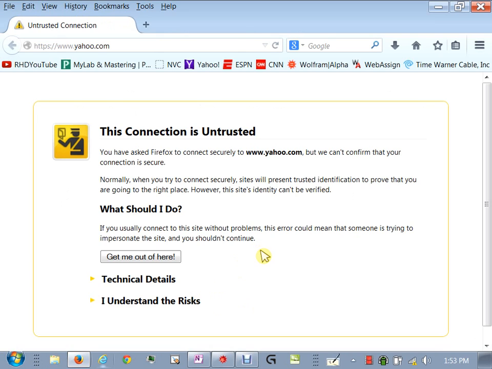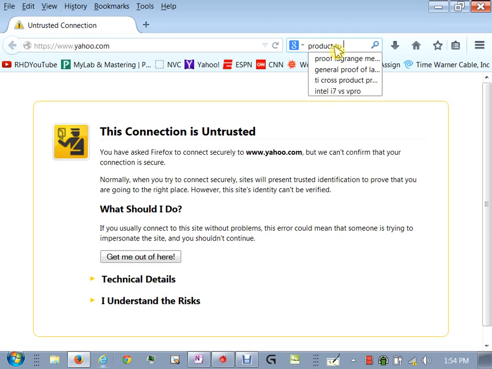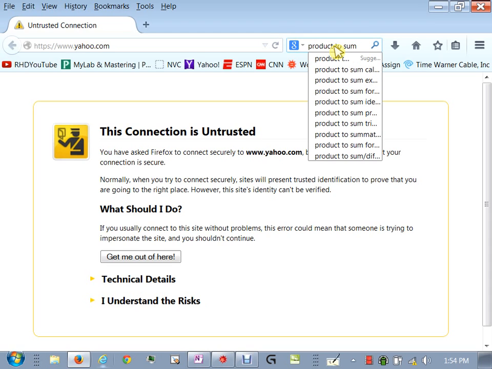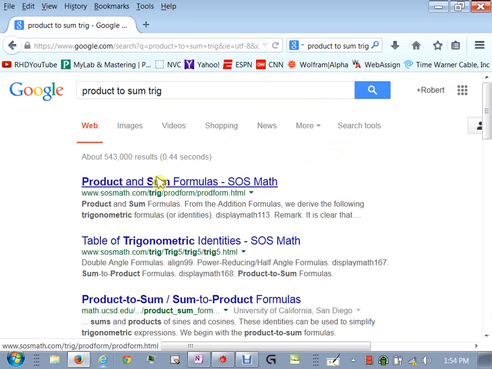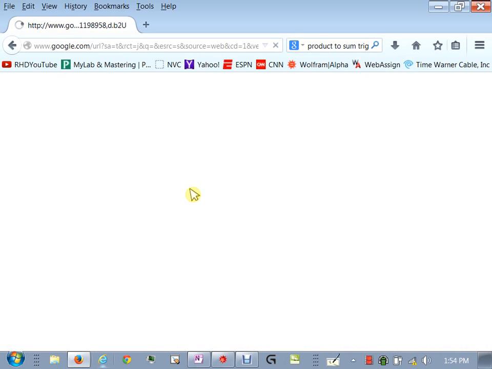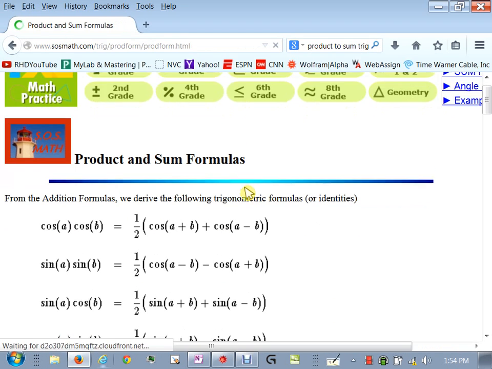Let me steal this internet connection real quick. It's product to sum formulas. Oh yeah, it'll work. Product to sum trig. Let me see. When I bring it up here, maybe it'll look familiar. There we go.